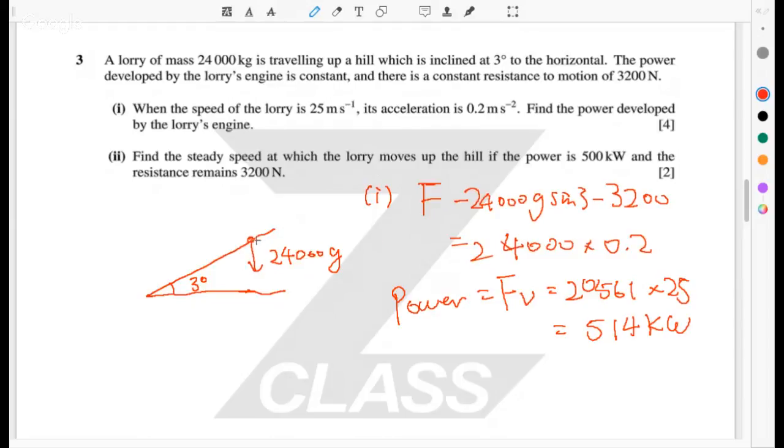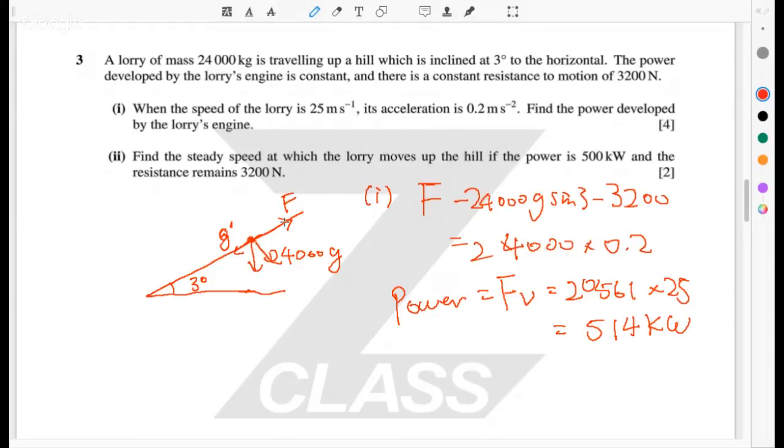We can analyze the different forces acting on the lorry. So first, you have the driving force, capital F, that's pushing the lorry up the hill. And you have this component of gravity that's acting parallel to the slope. So that's G dash.